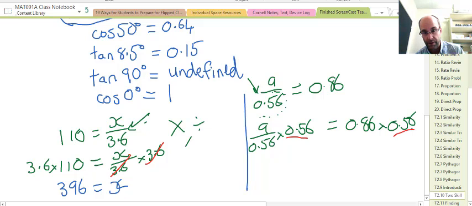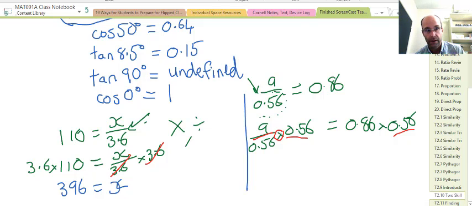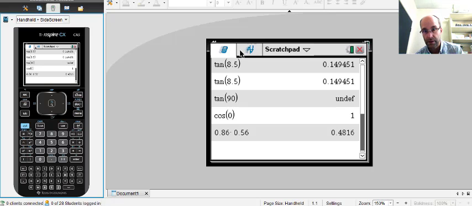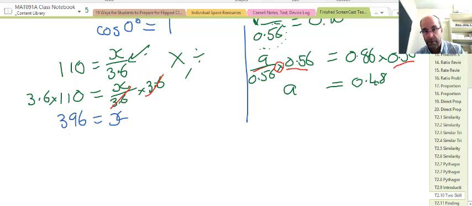What you do to one side you need to do to the other, and the reason why we're using times is that we have a divide there. Then we turn to our calculator so we can come up with the solution. So 0.86 times 0.56, you can see from the calculator 0.4816, so we'll say 0.48.